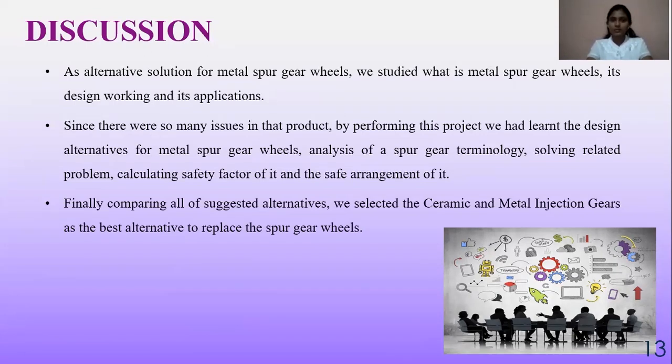Then, in performing this project, we learned the design alternatives for metal spur gear wheels, analysis of spur gear terminology, solving related problems, calculating the safety factor, and the safe arrangement of it. Finally, comparing all the suggested alternatives, we chose ceramic and metal injection gears as the best alternative to replace the spur gear wheels.